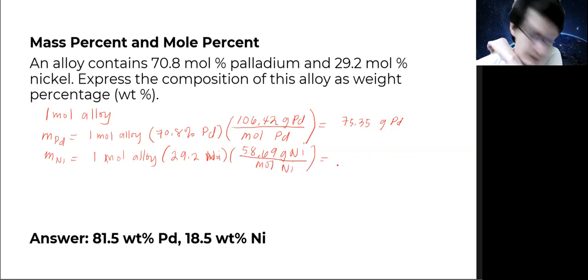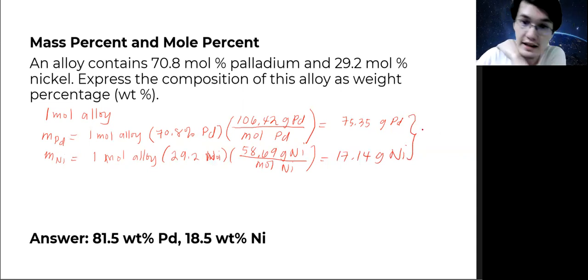Then we get 17.14 grams nickel. So for the whole alloy, we add them together. Then it has a mass of 92.49 grams alloy.